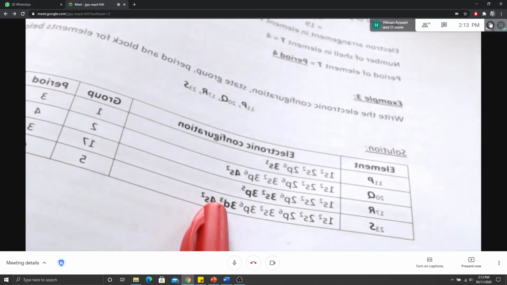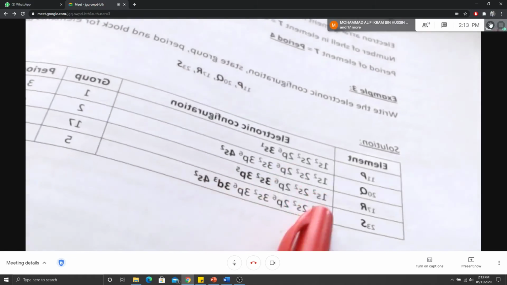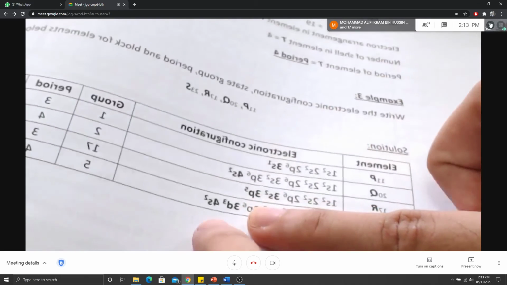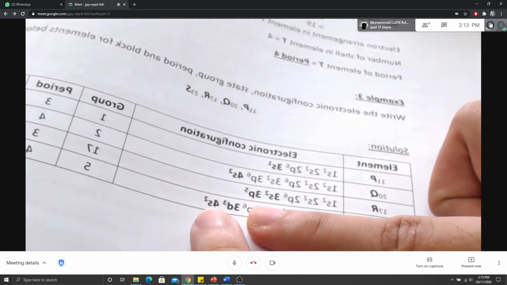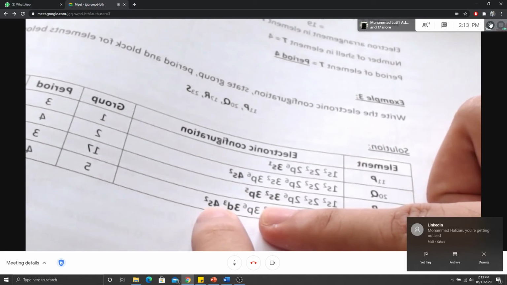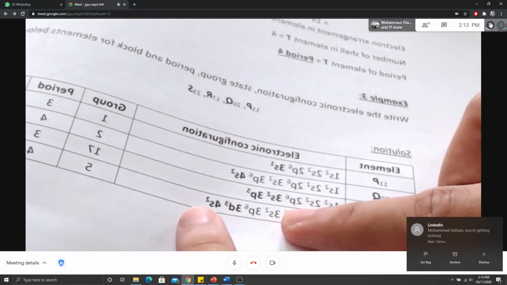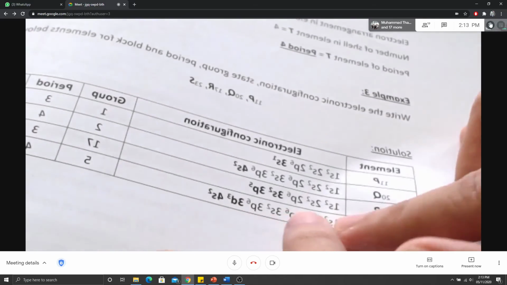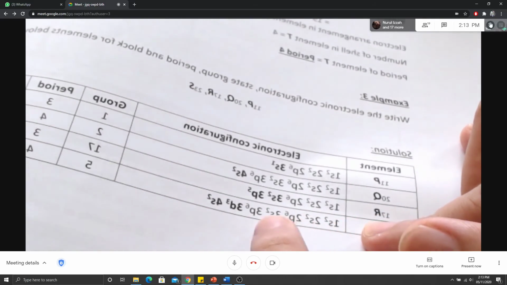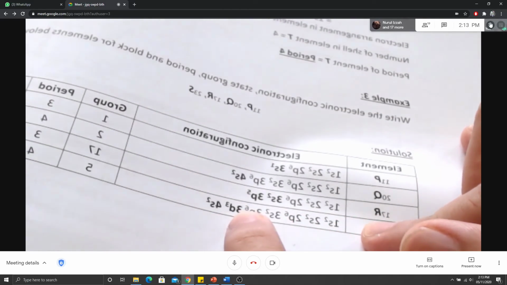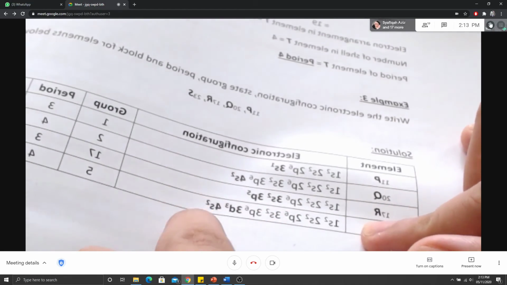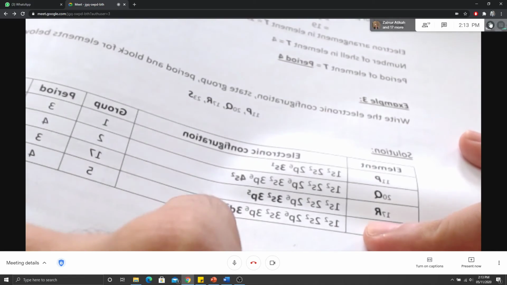Sebab actually bila awak dah susun, 4S ni is higher energy than 3D3 bila dia ada elektron. But so far right now all you have to know is 1S2, 2S2, 2P6, and then bila you sampai kat 4S2 you isi kat 4S2, and then you isi kat 3D3 kan, usually how you tulis.